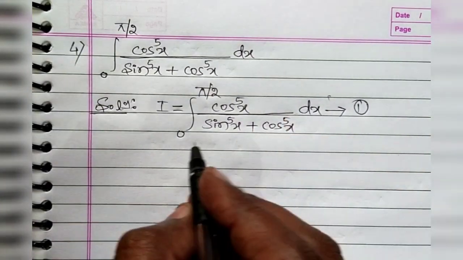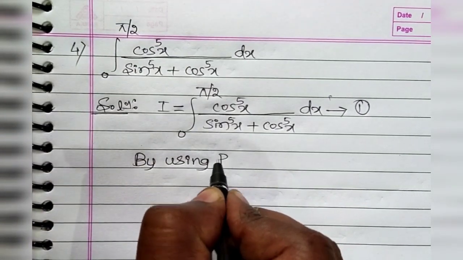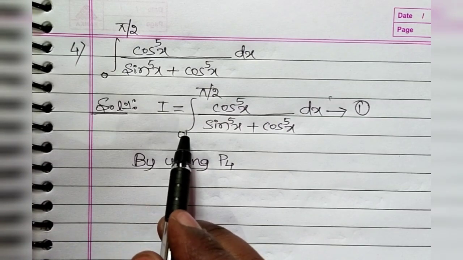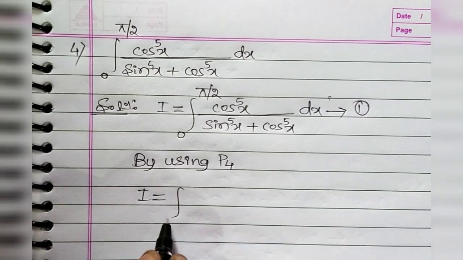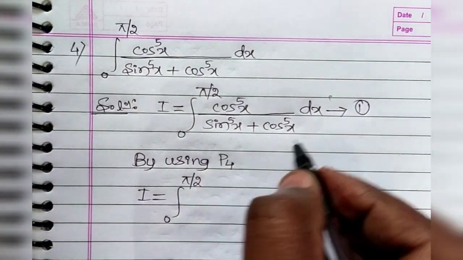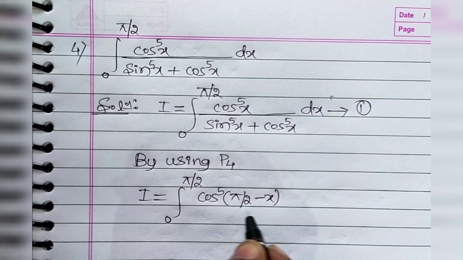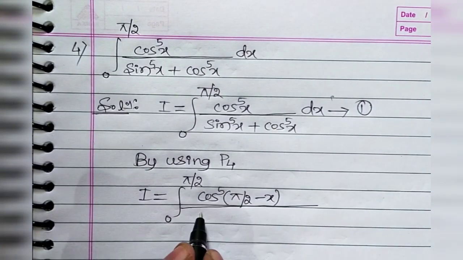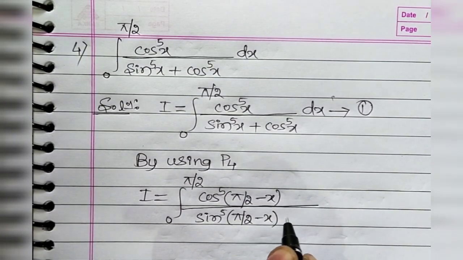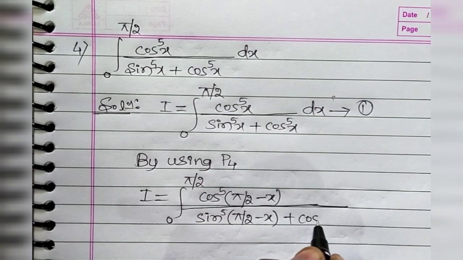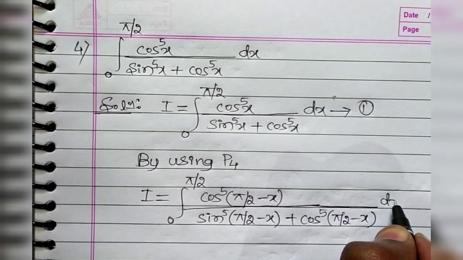Now make use of P4. It is in the form of integral 0 to a f of x dx can be written as integral 0 to a, it is pi by 2, f of a minus x, that is cos to the power 5 of pi by 2 minus x, whole divided by sine to the power 5 of pi by 2 minus x plus cos to the power 5 of pi by 2 minus x, dx.